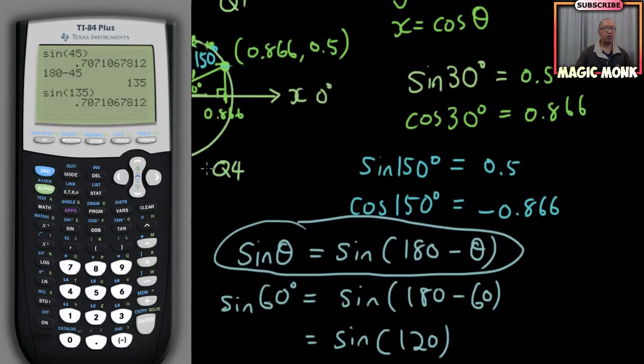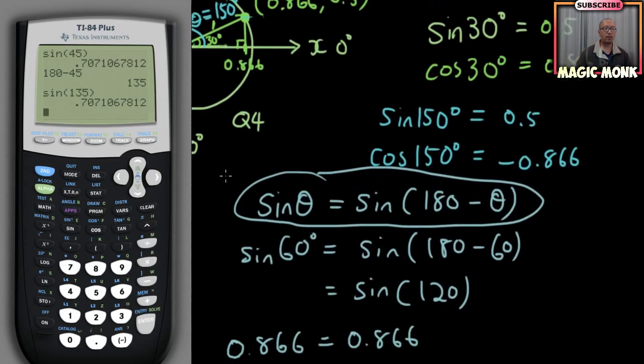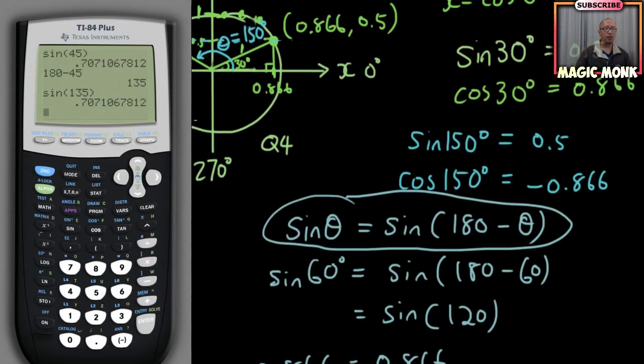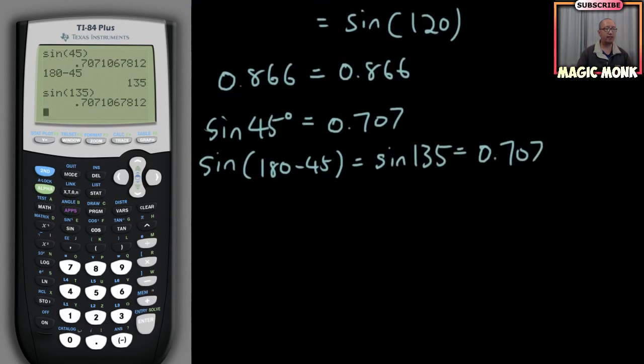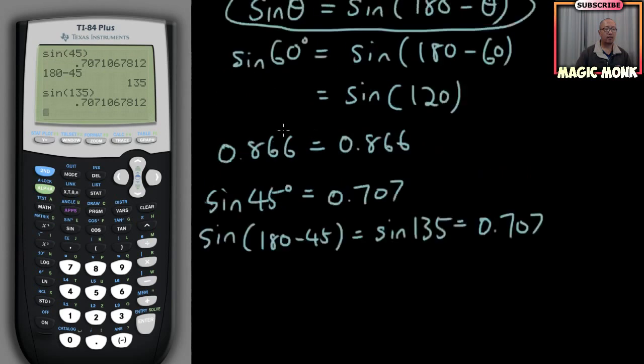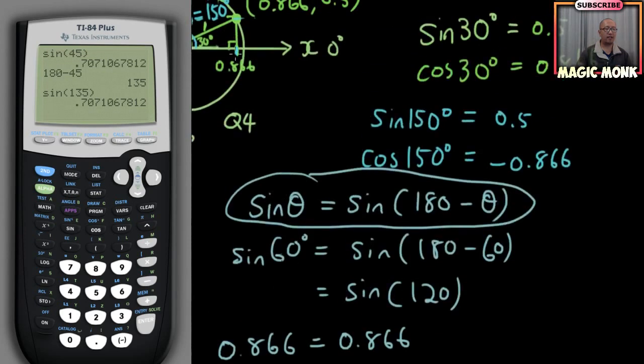And what about cosine? So we have cosine theta. We have this value when the angle is 30, and compared to when the angle is 150, this horizontal x value is the negative.